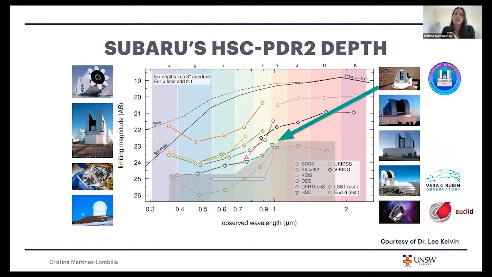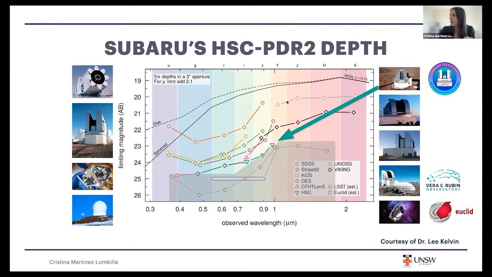Current galaxy evolution studies are biased to the high surface brightness galaxies and structures. This plot shows the limiting magnitude of the main surveys as a function of the observed wavelength. The upper region of the panel corresponds to the brighter regime, and it is covered by past and current surveys.